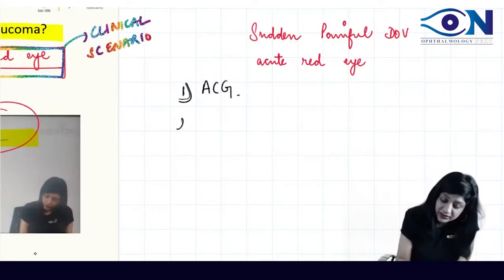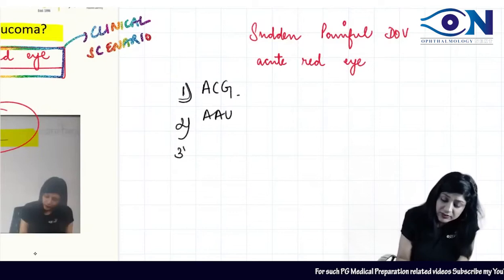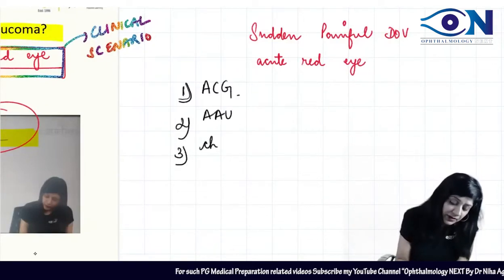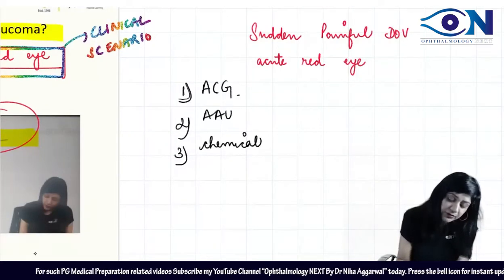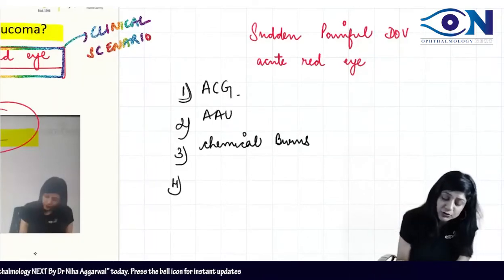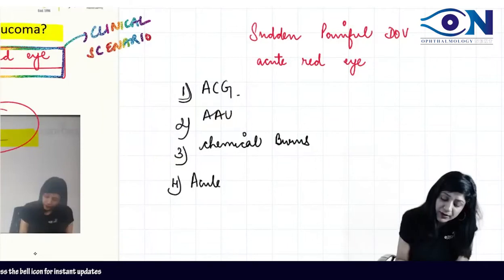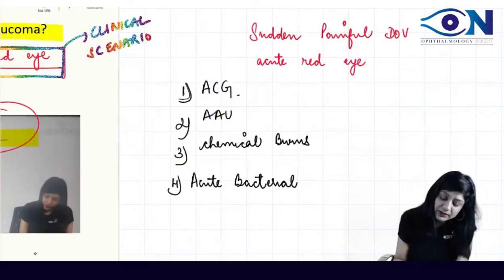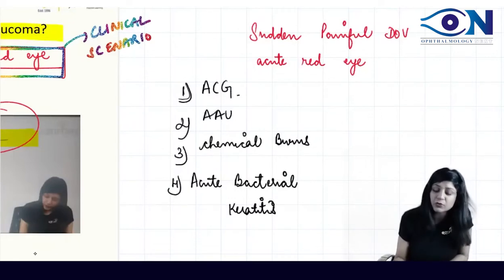Then second can be your acute anterior uveitis. Then third, we can have chemical burns. And we can also think about acute bacterial keratitis. These are the common things you are going to have in the acute red eye.